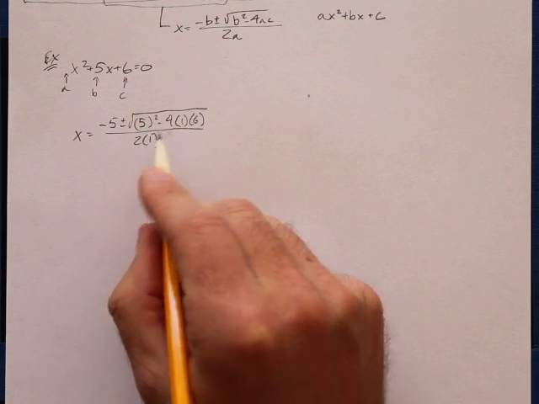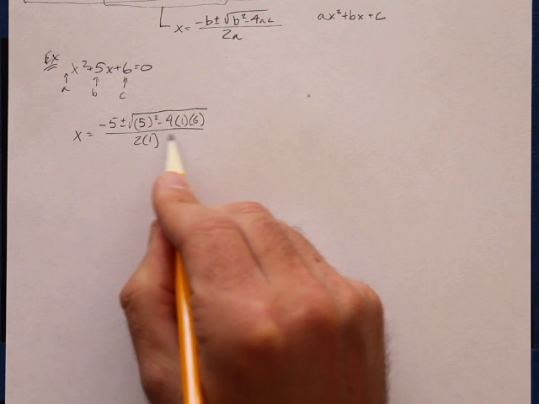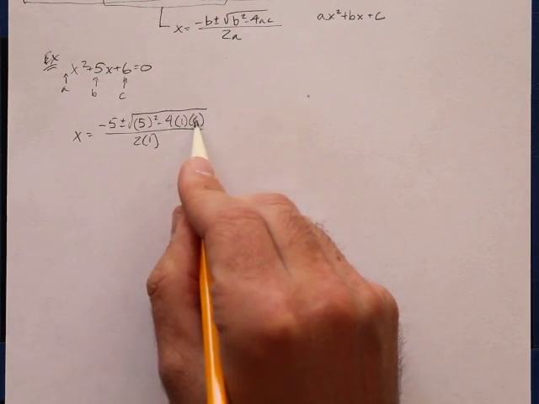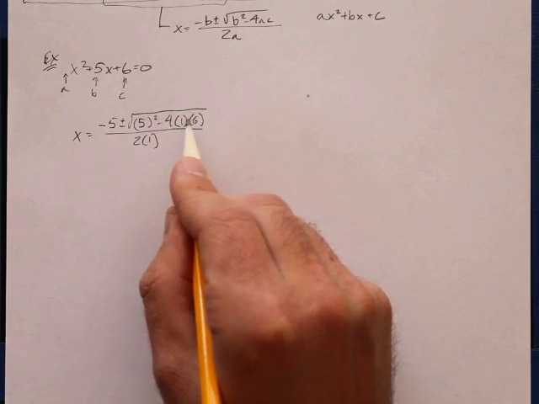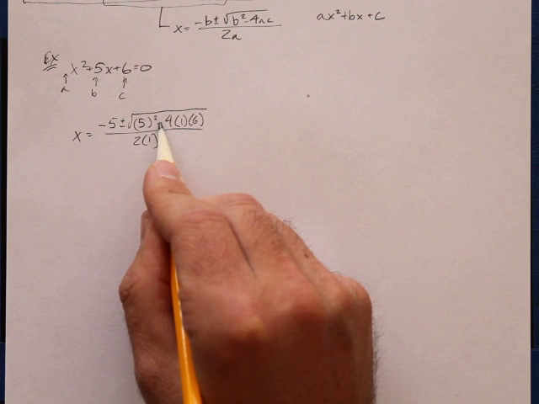Before we do, though, this is the part where I see the most mistakes. I've got minus 4 times 1 times 6. Oftentimes, there's a negative number here. And when that happens, many people forget to multiply the negative times the negative to be a positive.